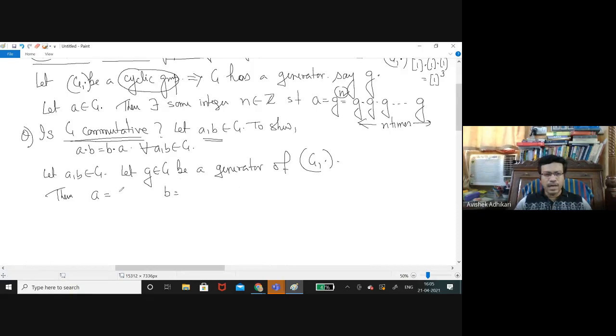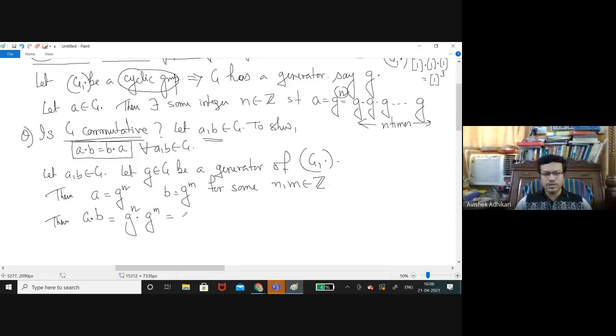Then a equal to g to the power n and b equal to g to the power m for some n and m belonging to Z. Then what I need to show? I need to show this. So I start with a dot b. Then put the value of a. This is g to the power n and this is g to the power m.